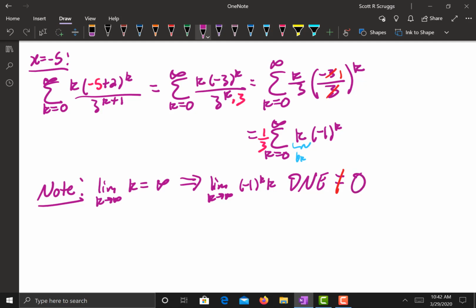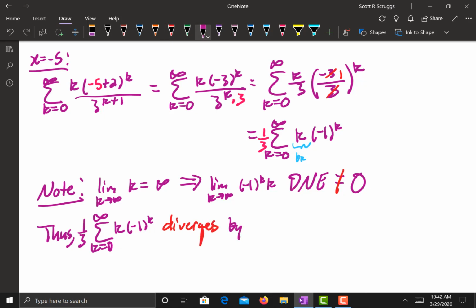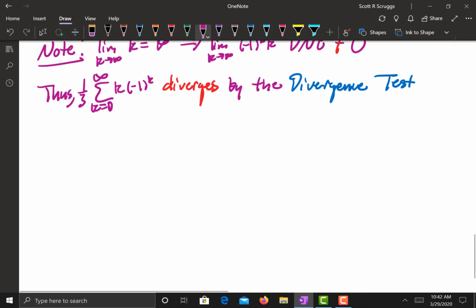Thus, the sum from k equals 0 to infinity of 1/3 on the outside, (-1) to the k times k on the inside, diverges by the divergence test. Which means I do not include -5 in my endpoint.